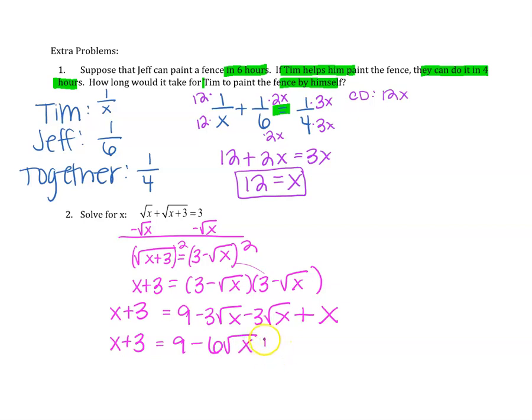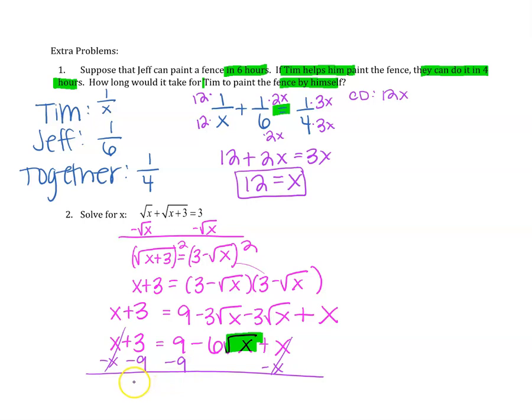I can combine those radical x's. Okay, and now you'll notice I have one radical in the problem. Let's try to isolate it now. Okay, so I am going to subtract the 9 and subtract the x. So you'll notice here that my x's drop out. That's kind of nice.